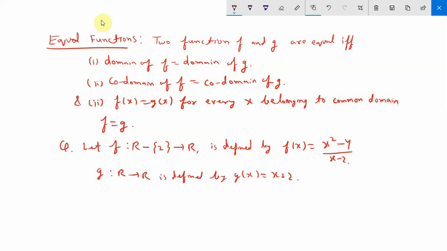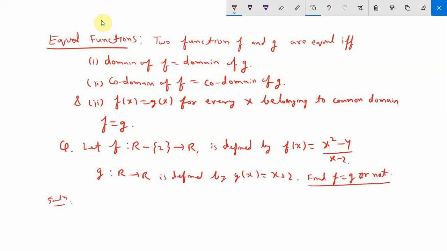So we have to check whether f equal to g or not. Okay. So we have to check whether these functions are equal or not.